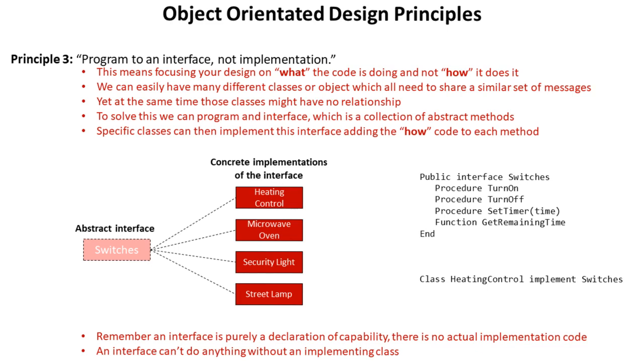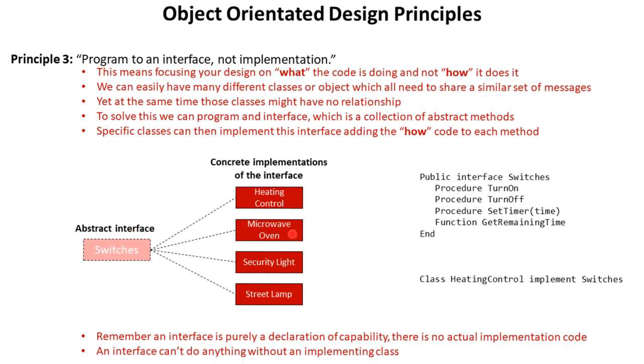Yet at the same time, those classes might have absolutely no relationship whatsoever. To solve this, we can program to an interface, and you should think of an interface as a collection of abstract methods that have no actual implemented code written yet. The specific classes can then implement the interface, and they add the how code to each method.